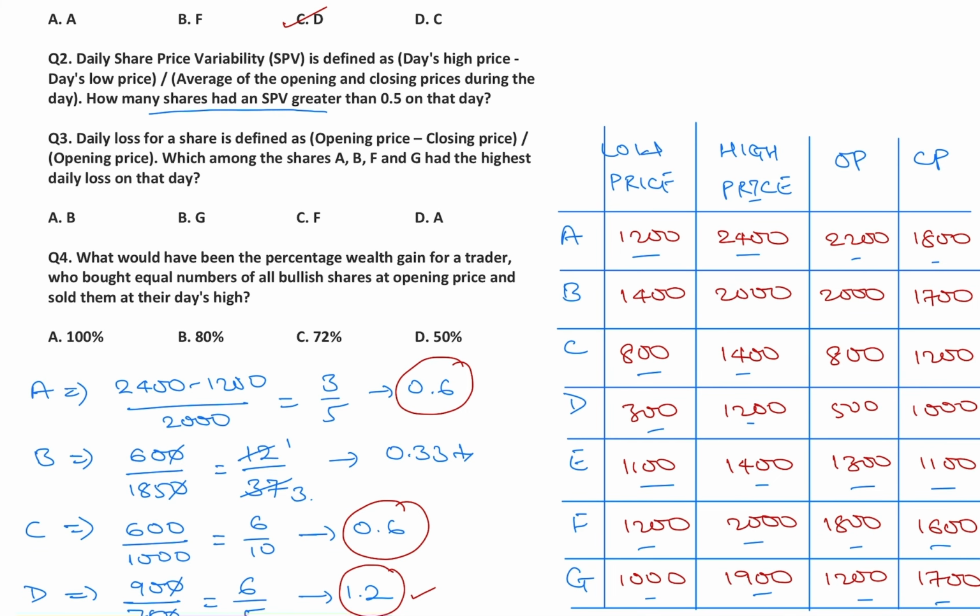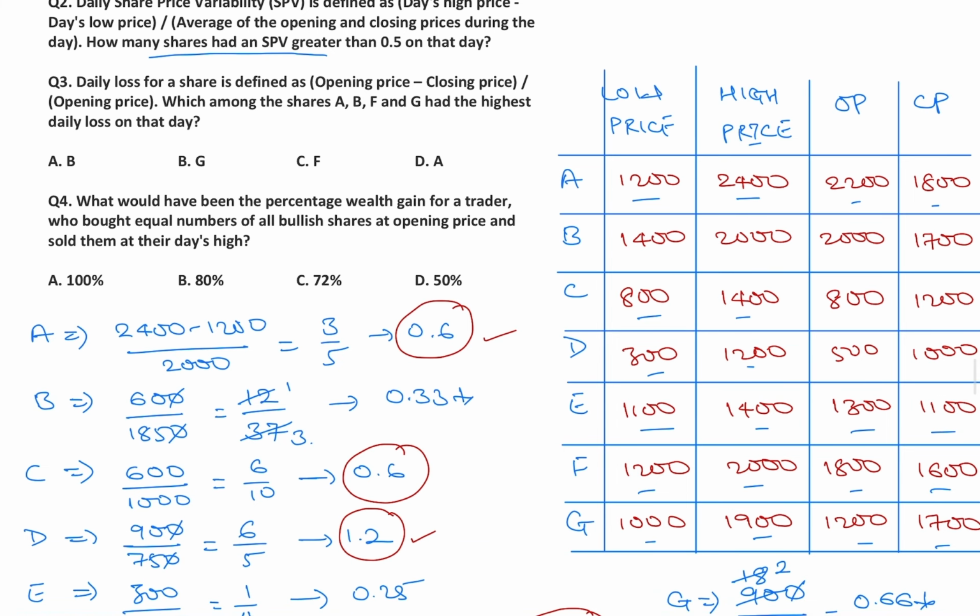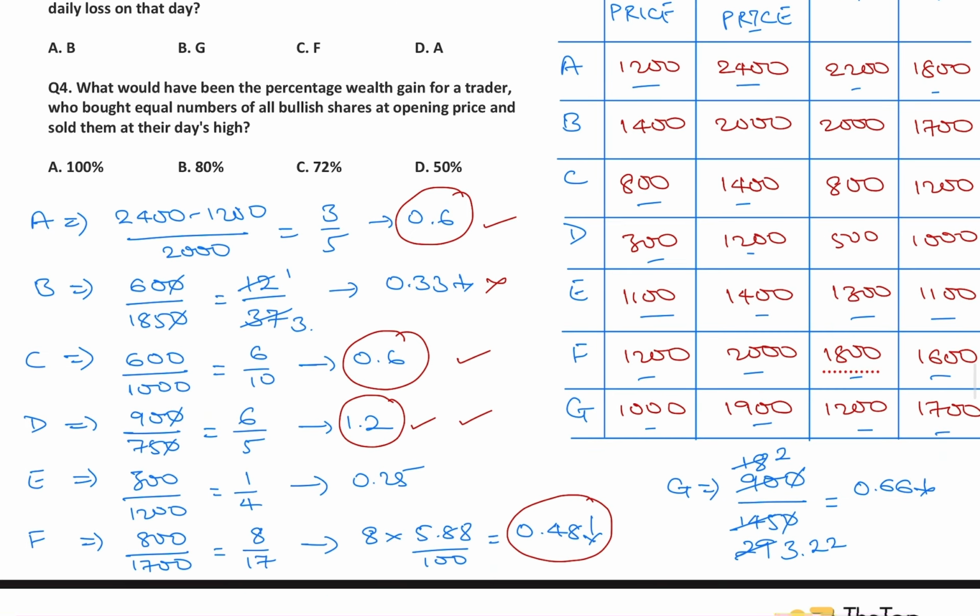A is greater than 0.5, B is not, C is greater than 0.5, D is greater than 0.5, not E, not F. Now G. It will be less than 0.66, but it has to be more than 0.5 because this is not 2 by 4.